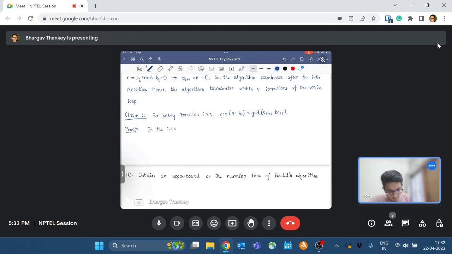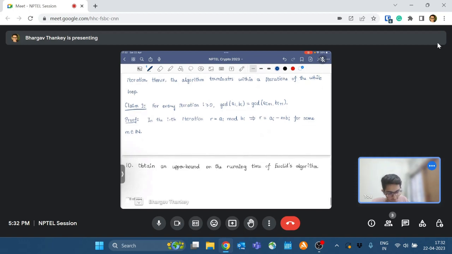So in the ith iteration, we would have R equals A_i mod B_i. And this implies that R equals A_i minus M times B_i, because this is what it means for R to be A_i mod B_i, right?